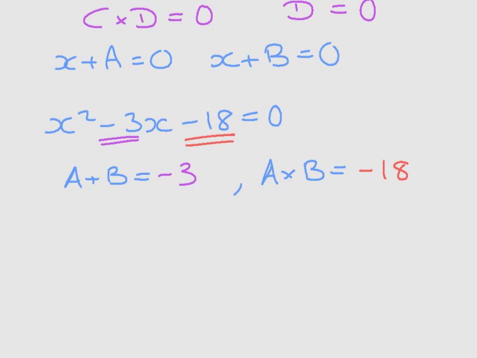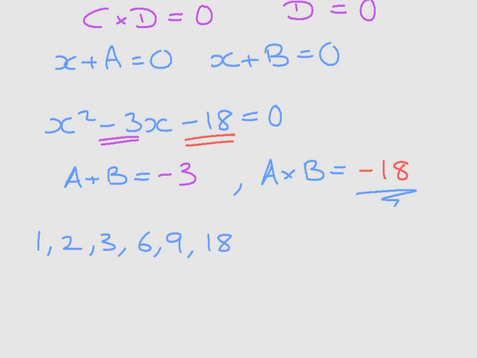When we can't see the result right away, a really good idea is to look at all the factors of 18. The factors of 18 are 1, 2, 3, 6, 9, and 18.